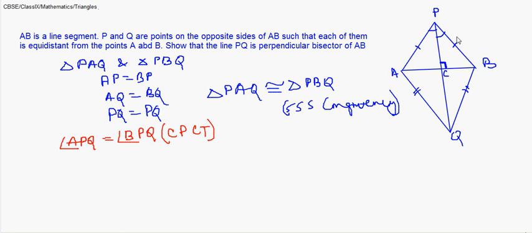Now we take triangle PAC and triangle PBC. If we prove the congruency of these two triangles, we can prove AC to be equal to BC. Because to prove PQ as a perpendicular bisector, we need to first prove AC equal to BC, and then prove one angle, that is PCB or PCA, to be 90. So in triangles PAC and PBC, again we can write, given, AP equals BP.